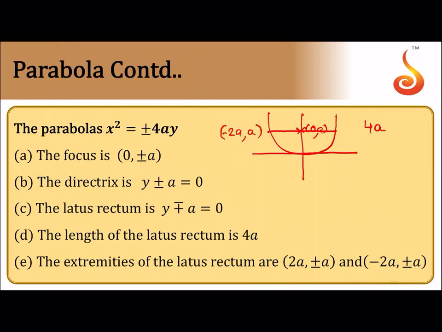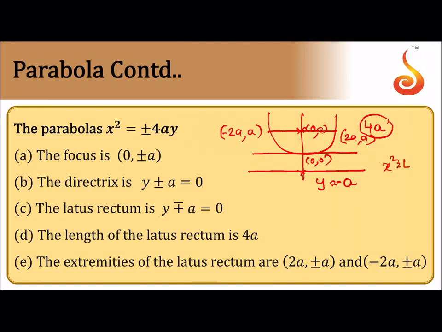The extremities will be minus 2a, a and plus 2a, a. The directrix is, sorry, y equals minus a, because on the y-axis this is 0, 0. So the equation is y equals minus a.